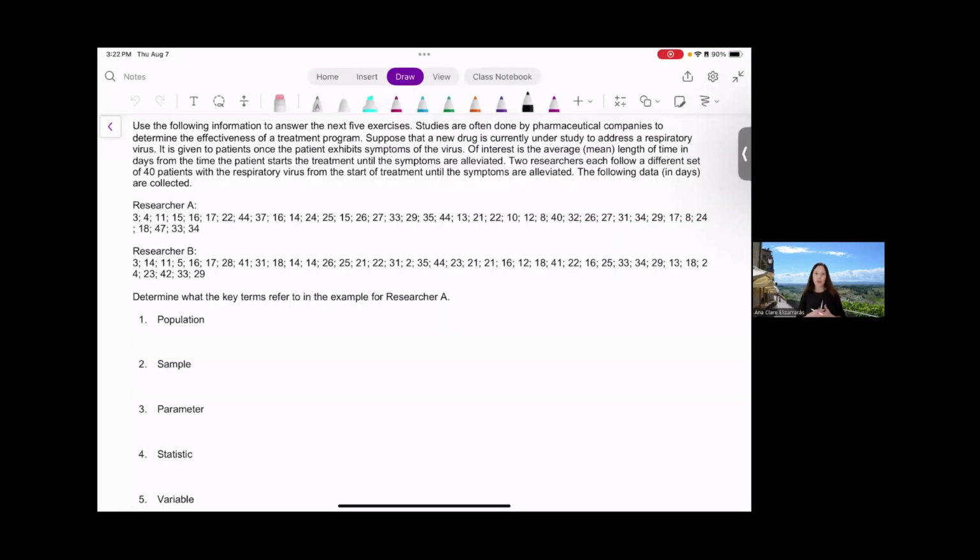Looking back at the information that we were given, we are talking about a drug that is currently under study to address a respiratory virus, and it is given to patients once the patient exhibits symptoms of the virus. So the population that we are talking about is patients with the virus.